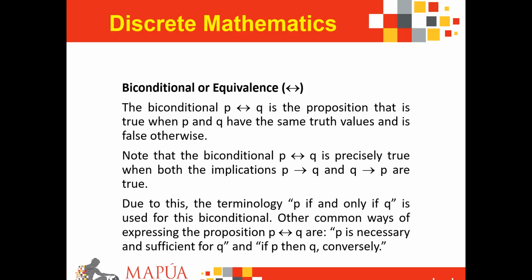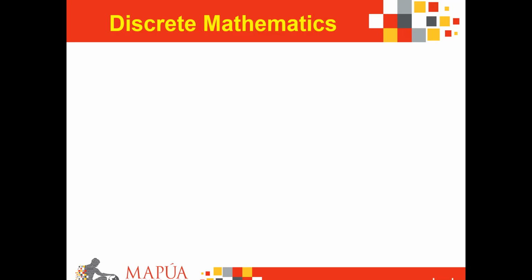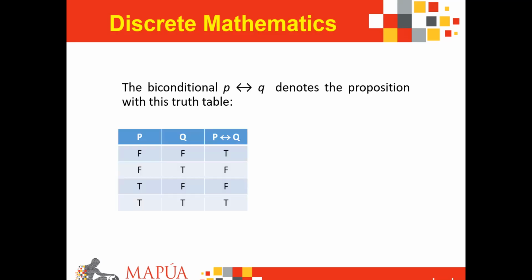Due to this, the terminology for the biconditional is similar to that of the conditional or implication. However, it states P if and only if Q, or P is necessary and sufficient for Q, or you may state it using if-then, but add the word conversely.